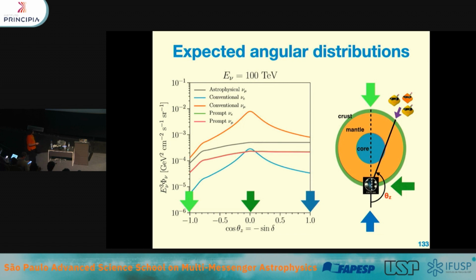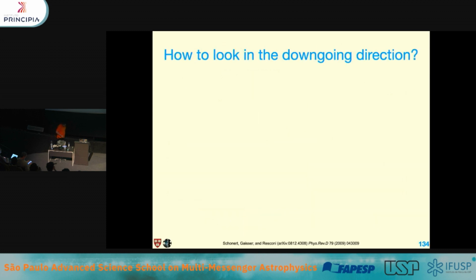So you see that the atmospheric neutrino background is maximal at the horizon, and then it sort of falls down. Okay, so the question is, how can I be sure that most of my neutrinos are not this atmospheric neutrino background? How are we able to look in this downward going direction?